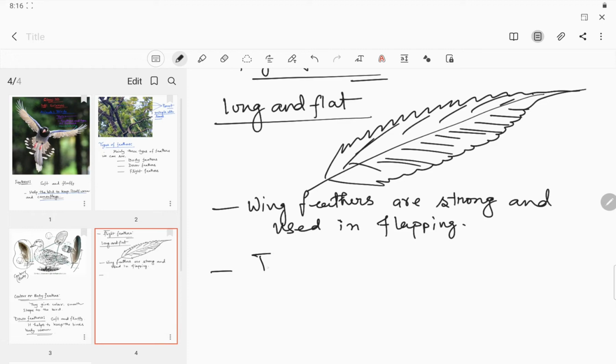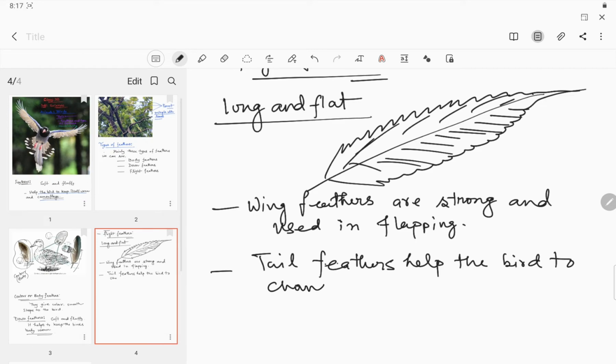And tail feathers means these feathers you can see in the tail. Tail feathers help the bird to change its direction during flight, right?